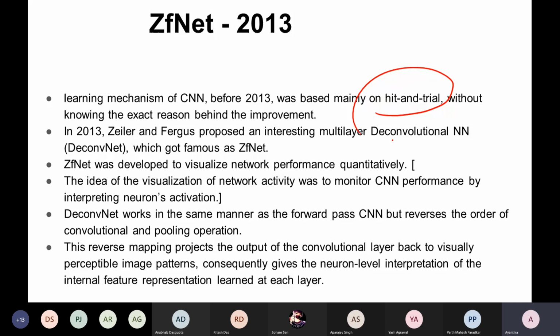There was not much analysis of what is going on, or what will happen if, in the case of AlexNet, I change 11x11 to 7x7 or 5x5. What will be the change, why is it happening, and what is the mathematical supporting background of that? That was not much analyzed.